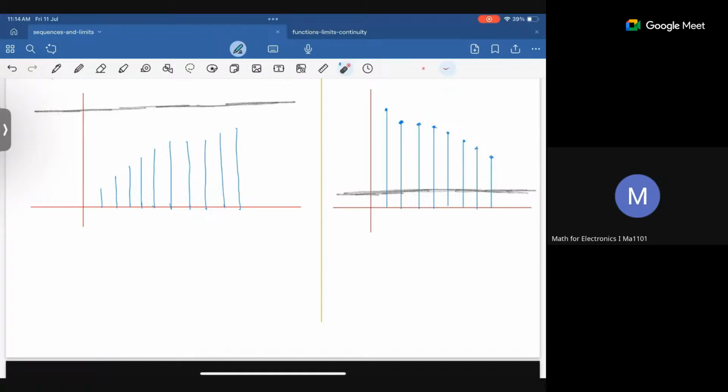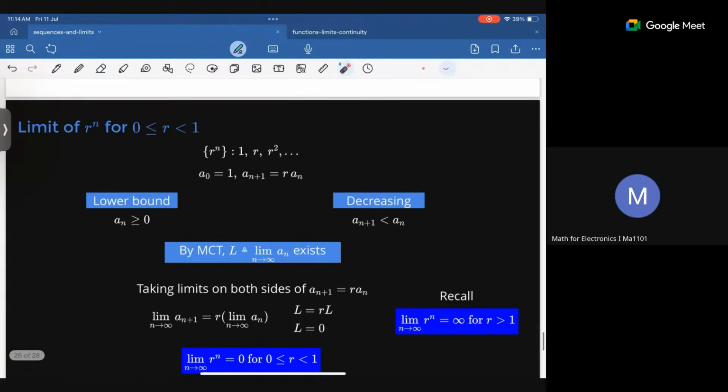If you have these kinds of sequences, the limit will definitely exist. Where do we use this? Limits like r to the power n, where r is less than 1. The sequence is basically 1, r, r square, r cube. It's a geometric sequence.